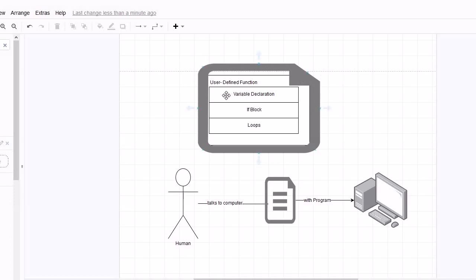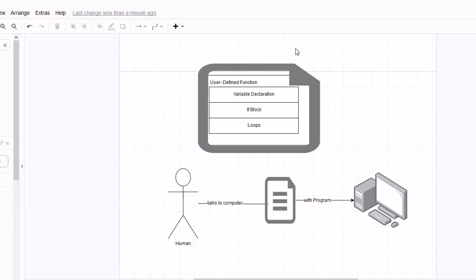Basically, we are writing a user defined function, which we will discuss in the next part of the course. Then we will look into variables, what a variable is, then the if block, then loops.